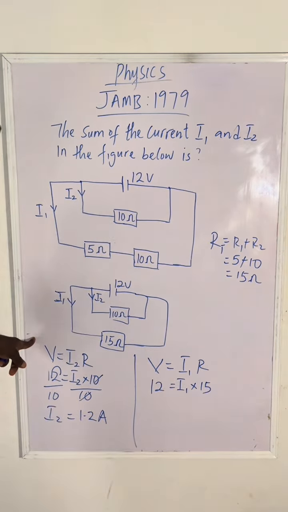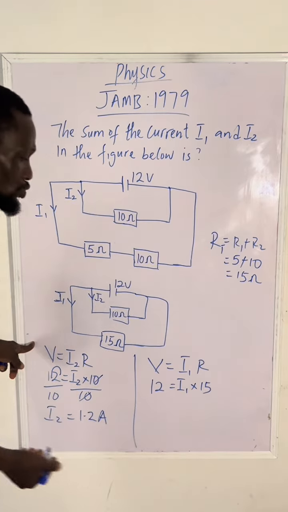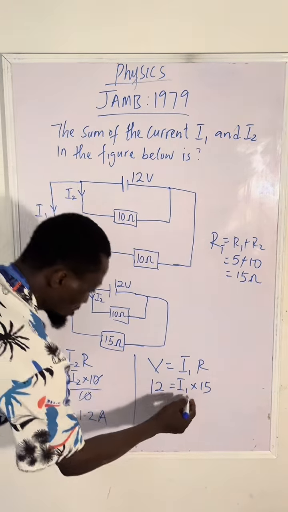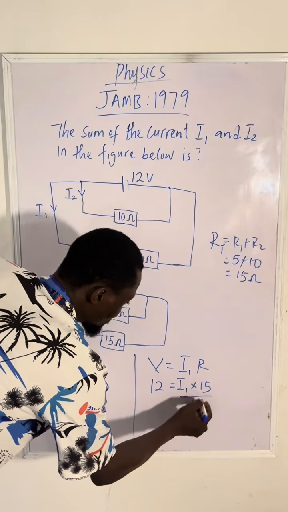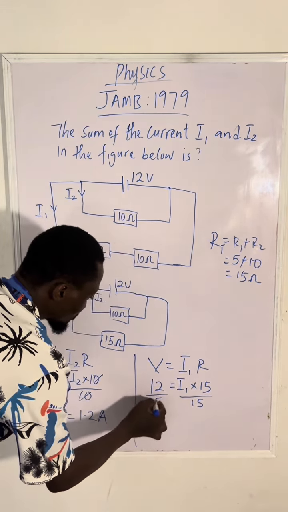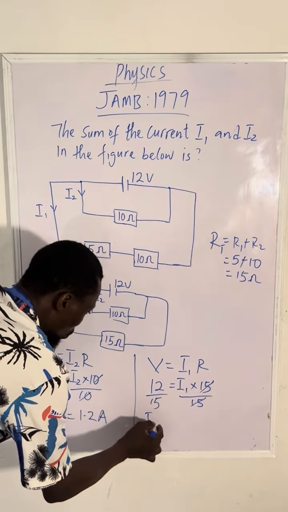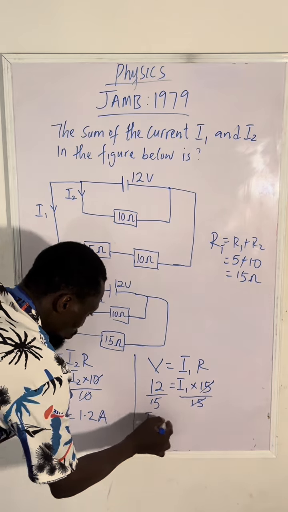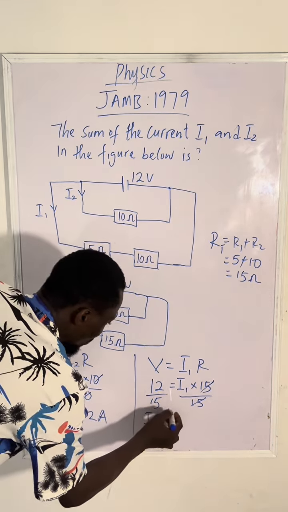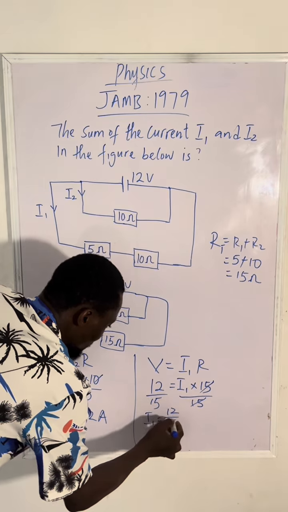So I will divide both sides by 15. 15 cancels 15, and I1 equals 12 over 15.